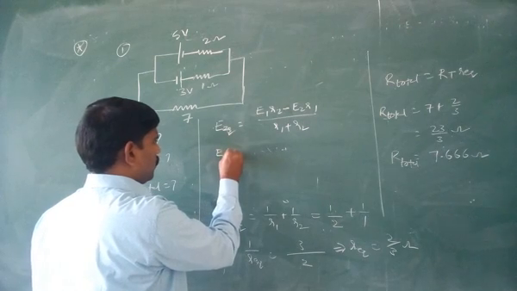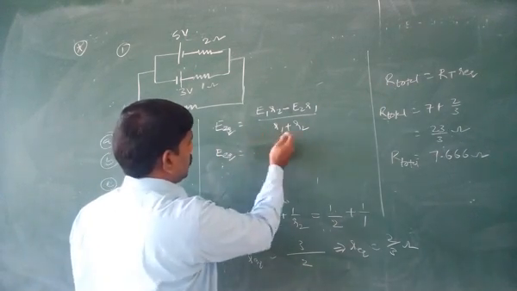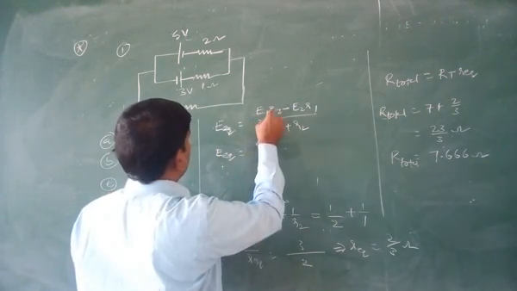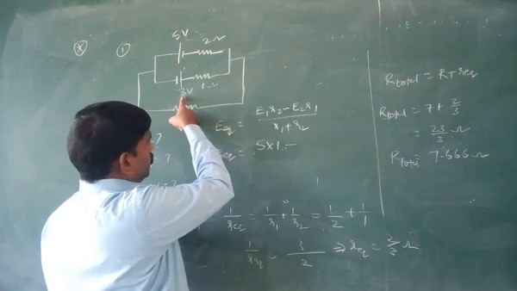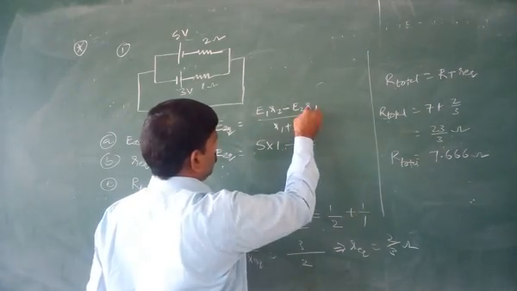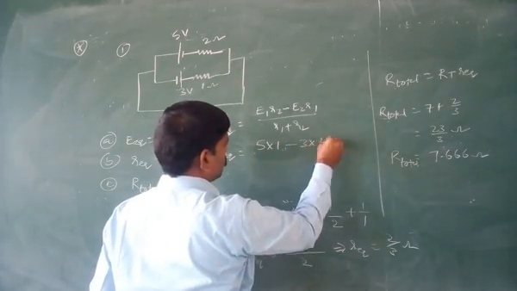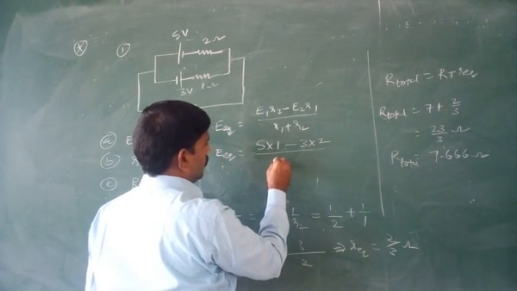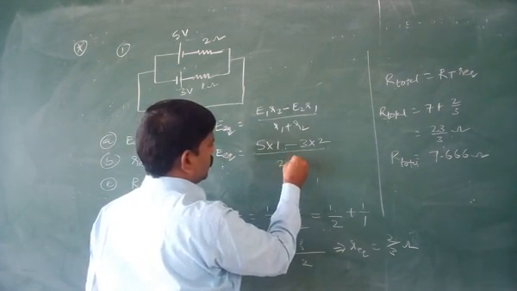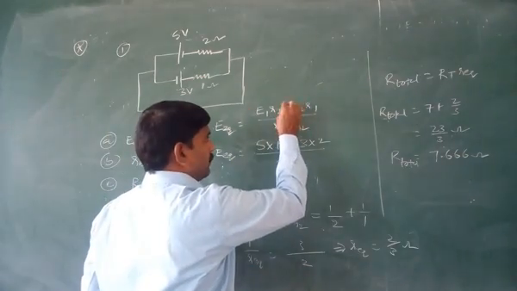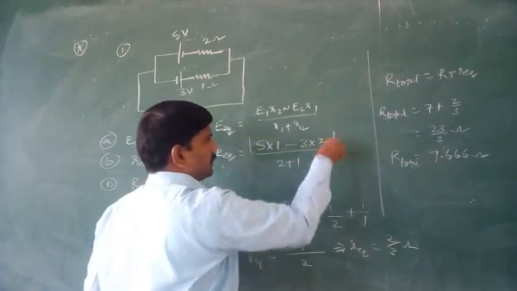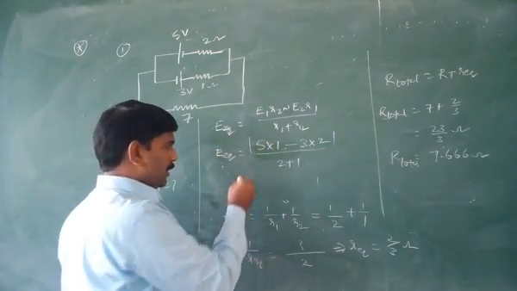E equivalent is equal to E1, which is 5, into R2, which is 1, minus E2, which is 3, into R1, which is 2, whole by R1 plus R2, which means 2 plus 1. That's why we write the difference, meaning high value minus low value.